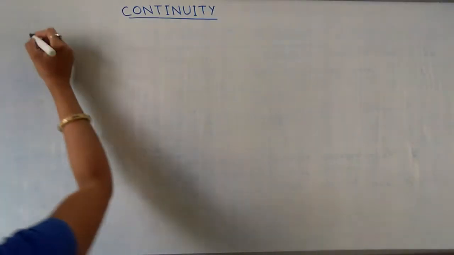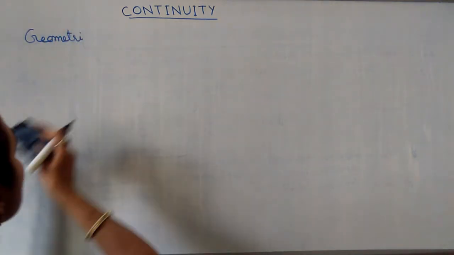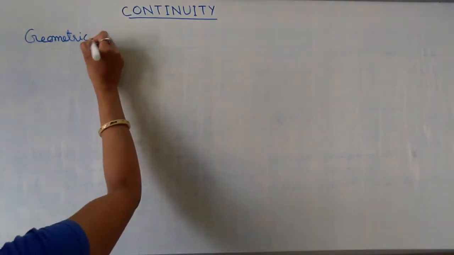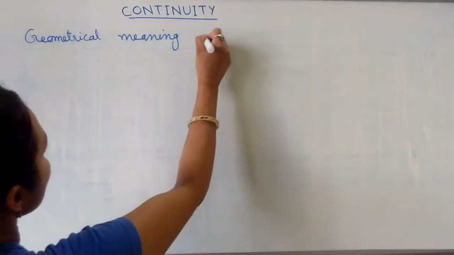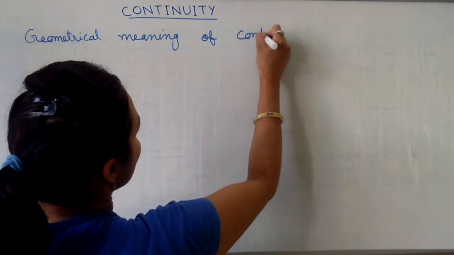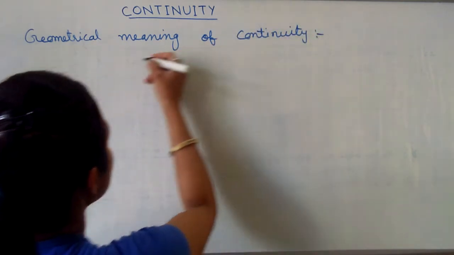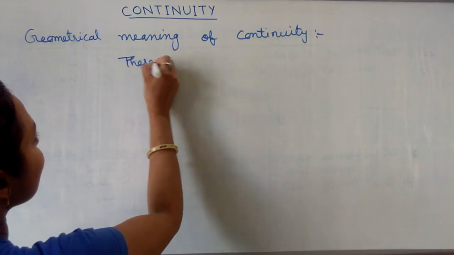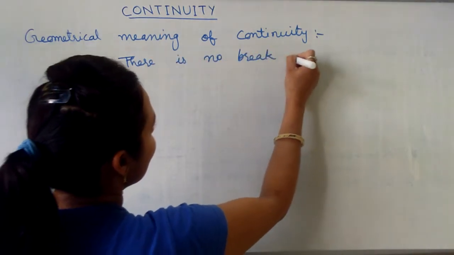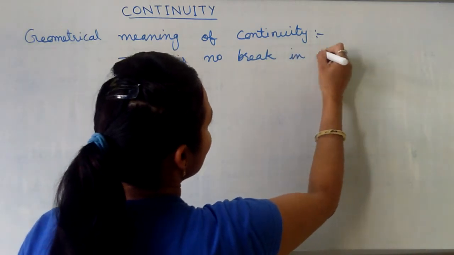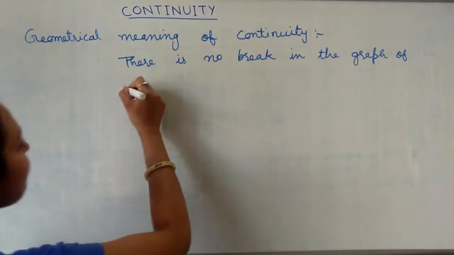Geometrical meaning of continuity: continuity means there is no break in the graph of the function.